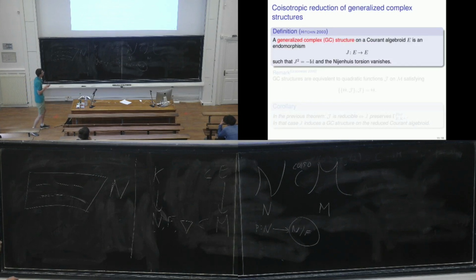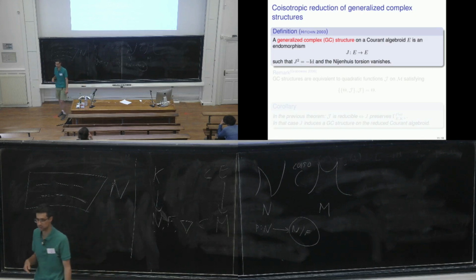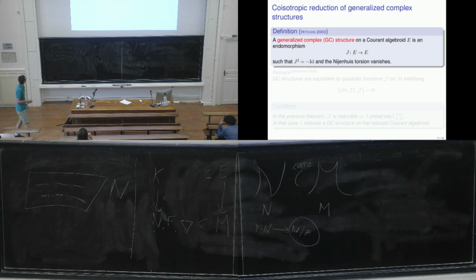Okay, and before I switch to the second part of the talk, let me make one little comment about one of the extra geometric structures you can put on Courant algebroids. For instance, generalized complex structures. So they are endomorphisms of E of this Courant algebroid that square to minus 1, whose Nijenhuis tensor with respect to the Courant bracket vanishes.